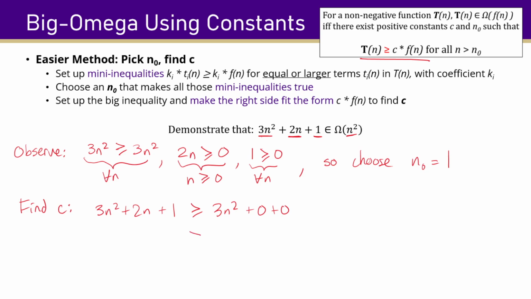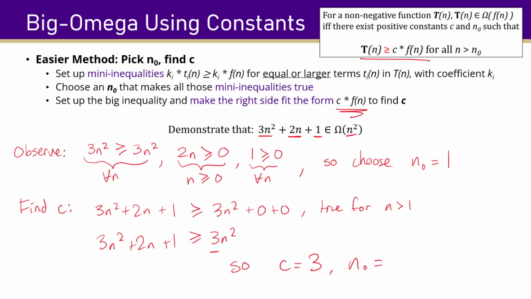And of course, this is just going to be 3n squared, which is of the form c times f of n. So perfect, this is all true for n greater than 1. And of course, we found our c right here. So c is equal to 3, and n naught is equal to 1, and we found our two constants.